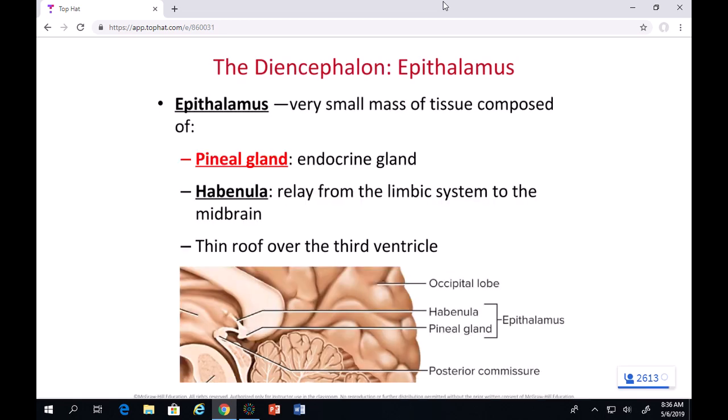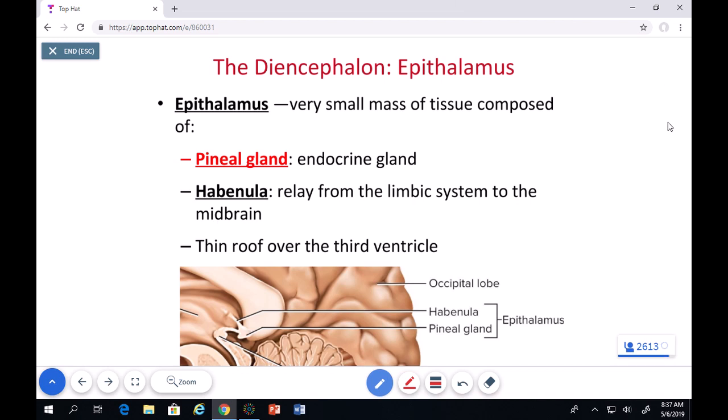We also have the epithalamus as part of the diencephalon. The epithalamus, in most situations, is going to be used as a synonym with the pineal gland. The pineal gland being an endocrine gland that makes melatonin to regulate our circadian rhythms. But there's technically a secondary structure that almost no one mentions with the epithalamus, and that is the habenula.